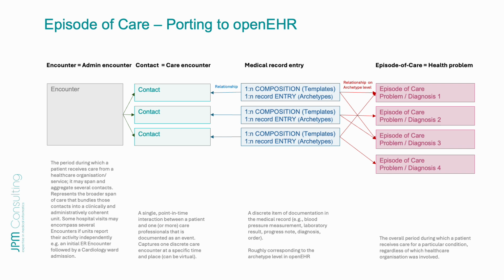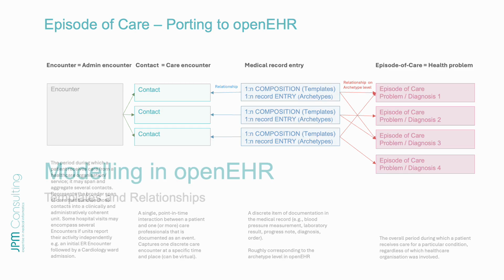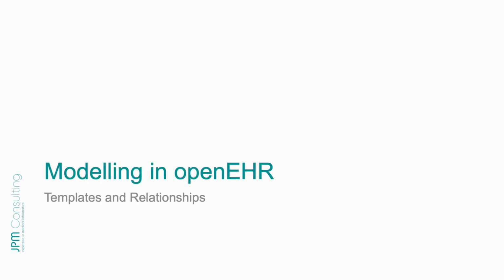Each medical record entry needs to be linked to the relevant contact, and the same entry must be assigned to at least one episode of care. Now we move from the logical model to the openEHR implementation. In the next section, we will look at the templates we need and how we handle the relationships between them.